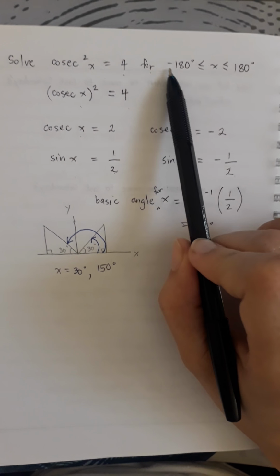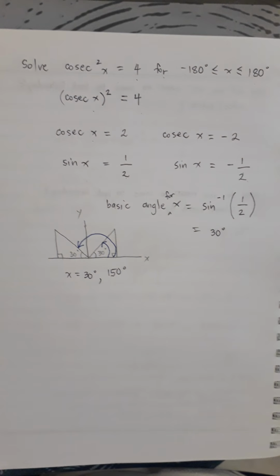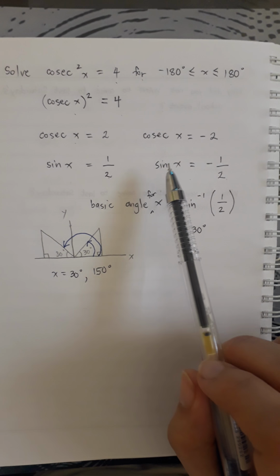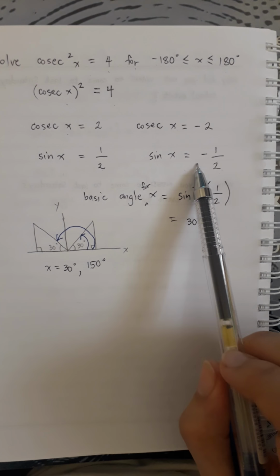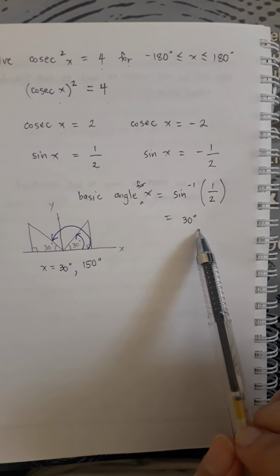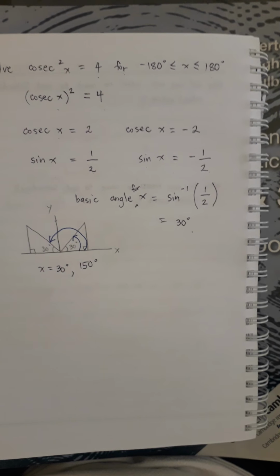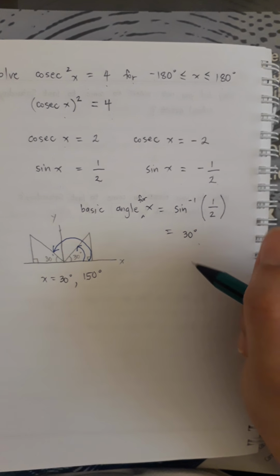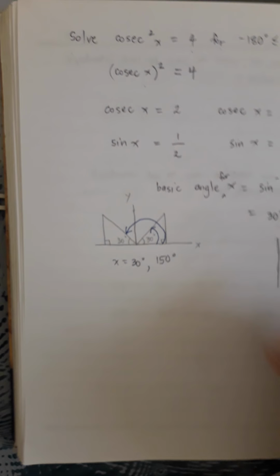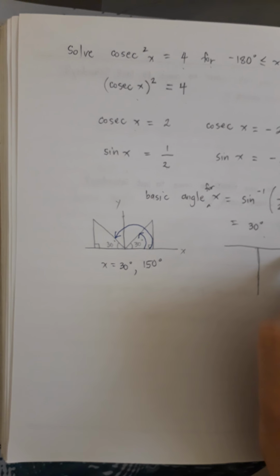But we have negatives here. Let's do the second equation first. Here, sine is negative, but with the same ratio, half. So we will still use the basic angle 30 degrees, but we will consider the third and fourth quadrants, because sine is negative in those two quadrants.